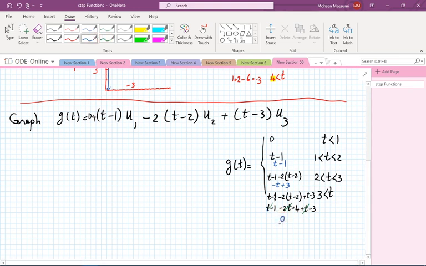So this is a function that before 1 second is 0, from 1 to 2 is t minus 1, from 2 to 3 is minus t plus 3, after 3 is just 0. Now we are ready to actually graph this thing. So it's okay, let's graph this.